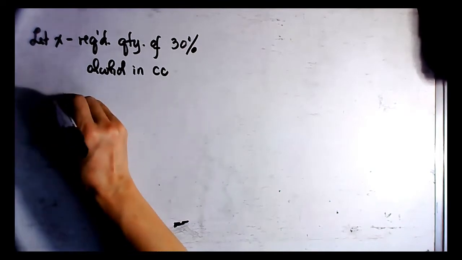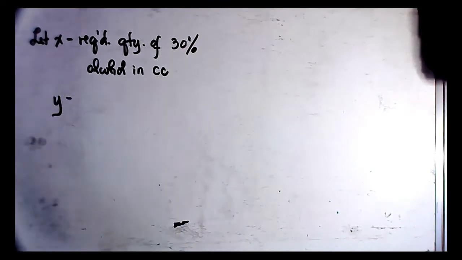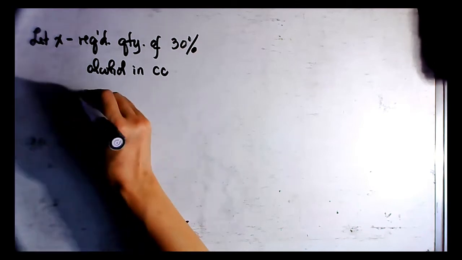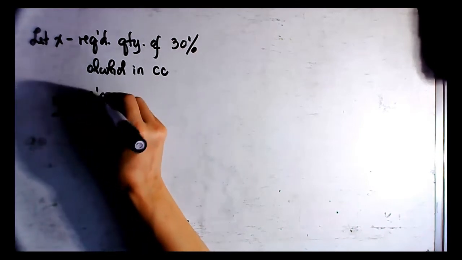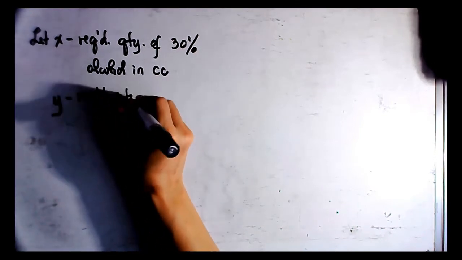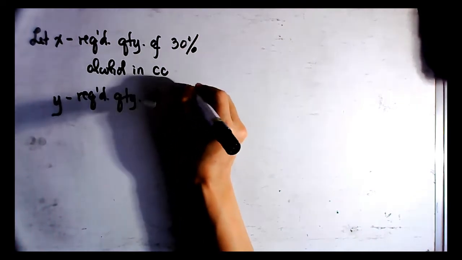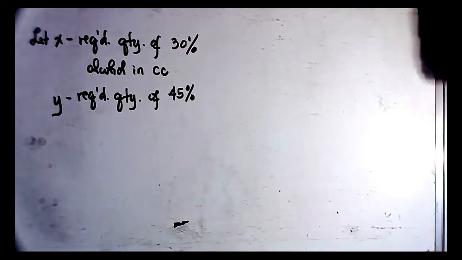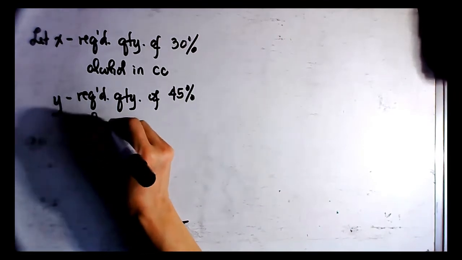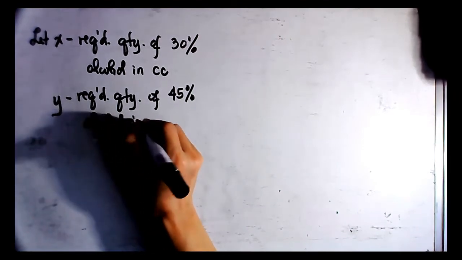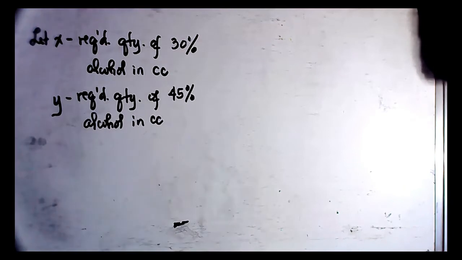And then there is another solution. Let us represent that as Y. That is the required quantity of the 45% alcohol also in cc. So those are the representations.